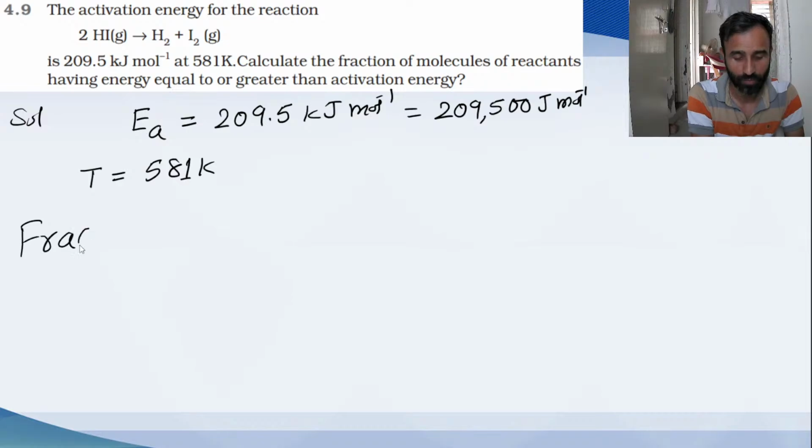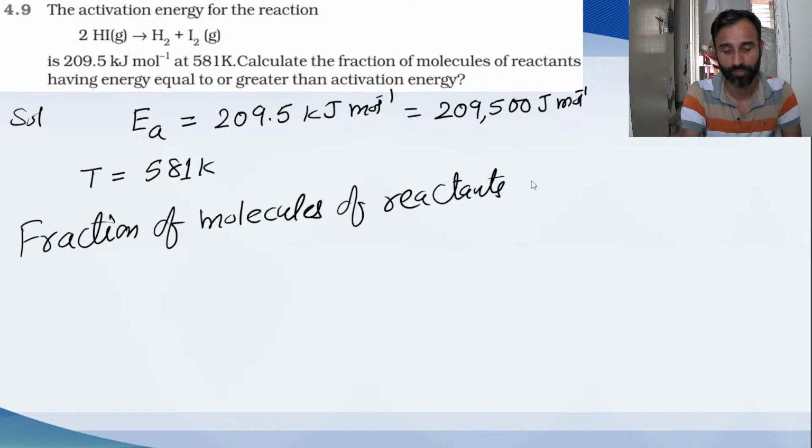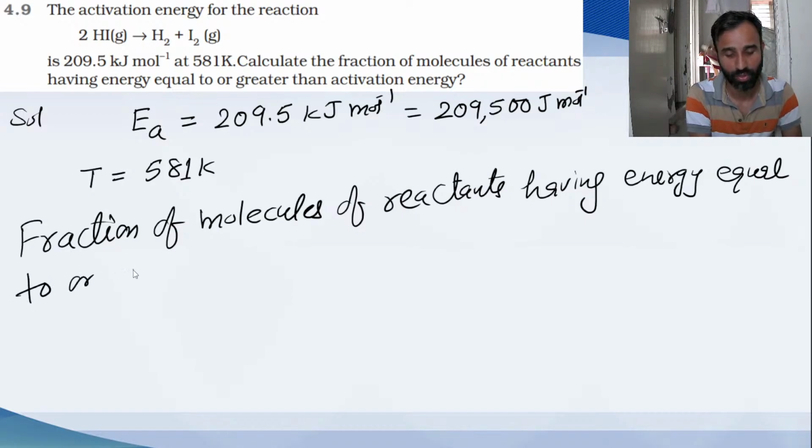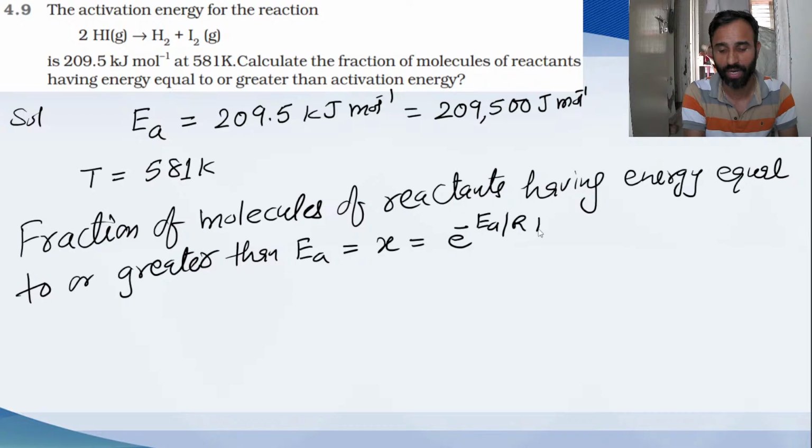So you know that the fraction of molecules of reactants having energy equal to or greater than EA, take it as X, is equal to E raised to power minus EA by RT. So we have to calculate this X.